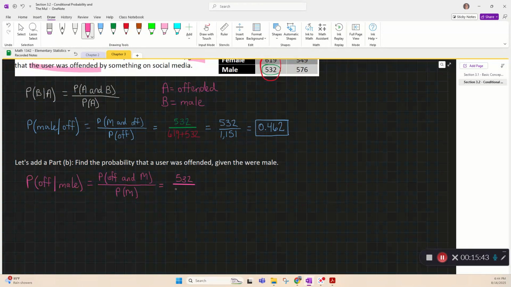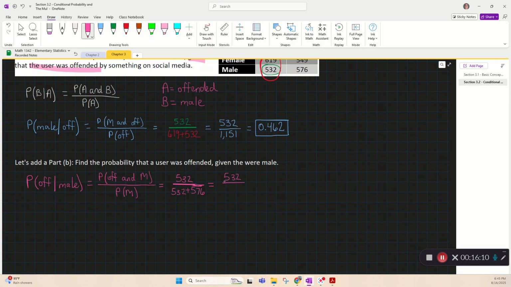Now I'm dealing with males. So 532 plus 576. Oh, different denominators. So we're going to have 532 over these, 532 plus 576.